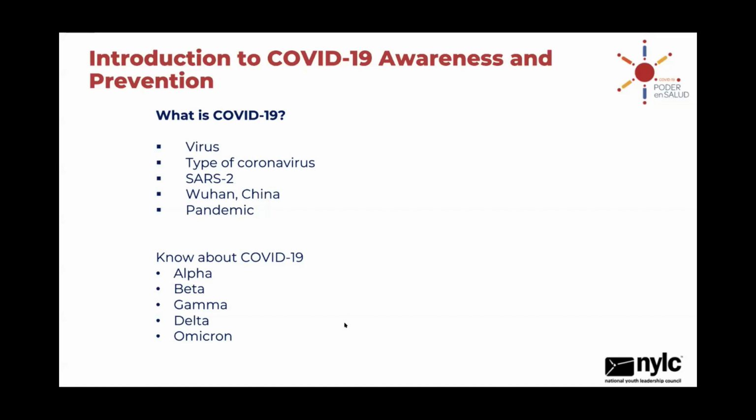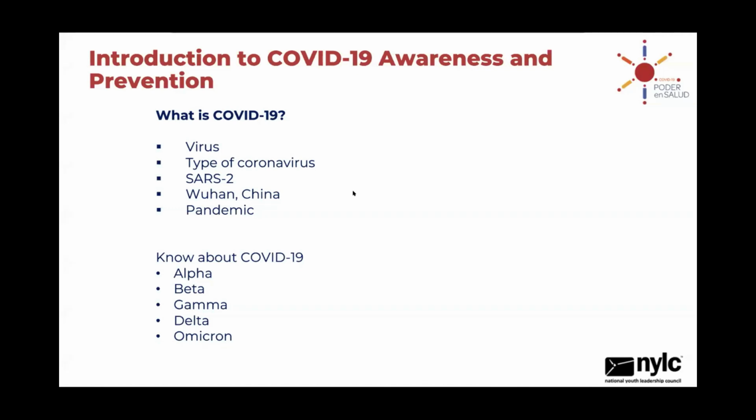As we look back on the time frame, China was the location where COVID-19 specifically originated. And we are currently in a pandemic specifically because of this virus. So that's just a little bit of background.